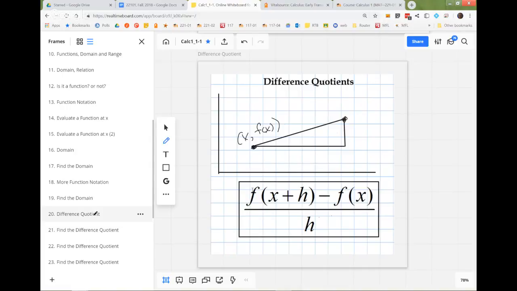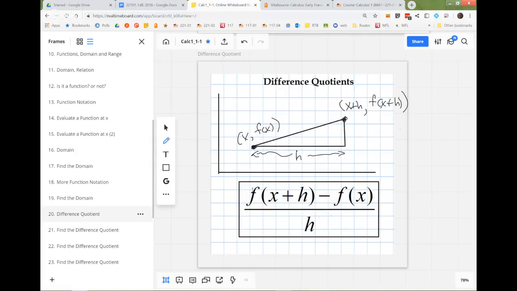And then over here, if this distance from left to right is h, well then this value right here is x plus h. And the y-coordinate is, well, whatever happens when you plug in x plus h.